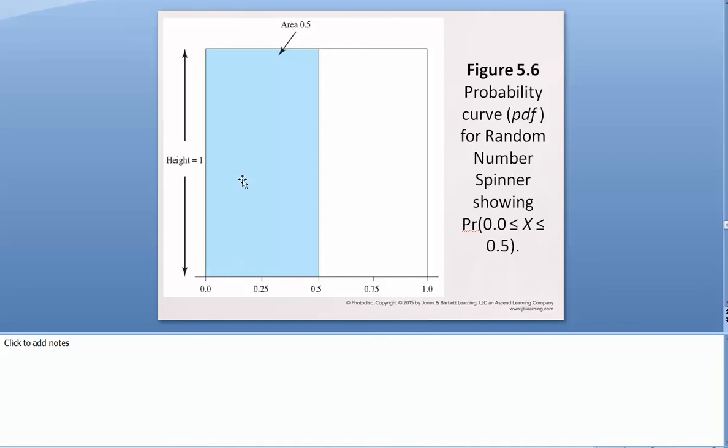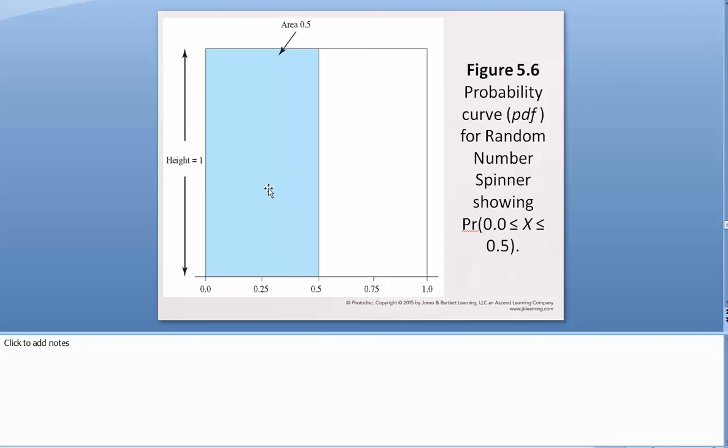This is the probability distribution. Because it is random, every value has an equal chance. So the probability that X is between 0 and 0.5 is expressed in this area under this curve, which spans this range.